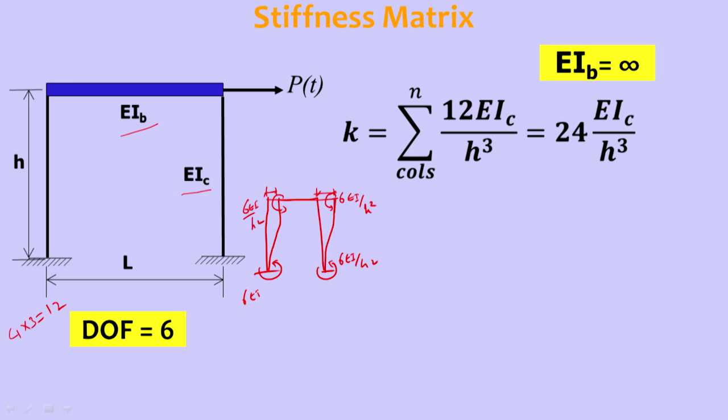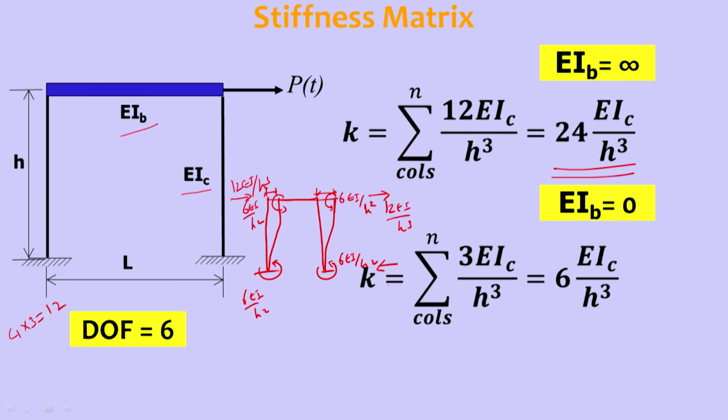So this is anti-clockwise 6 EI by h square. So we need to apply a clockwise couple, that is 12 EI by h cube, and here also the same 12 EI by h cube. So 12 EI by h cube and 12 EI by h cube together we will get 24 EI by h cube. This is the combined stiffness of both the columns. So that is when flexural rigidity is infinite. If the slab is rigid, the beam is rigid, then we can go for this condition.